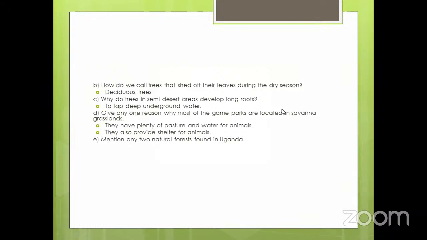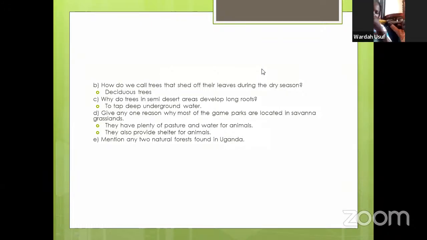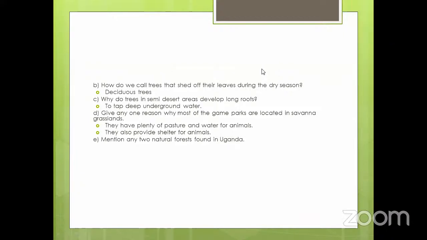Yes, Ruth. Ruth, can you tell us, please? Bwindi Forest and Mabira Forest and Budongo Forest.